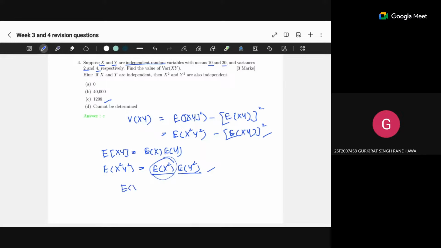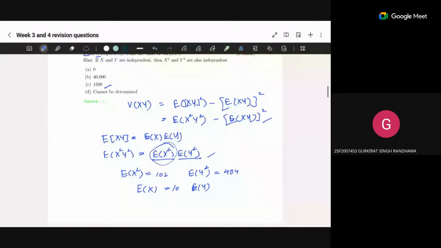Can I get the value of expectation of x square? 102. Expectation of y square? 404. Okay. And what is my expectation of x? 10. And expectation of y is 20.